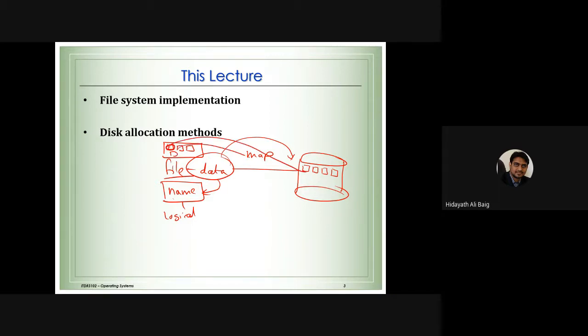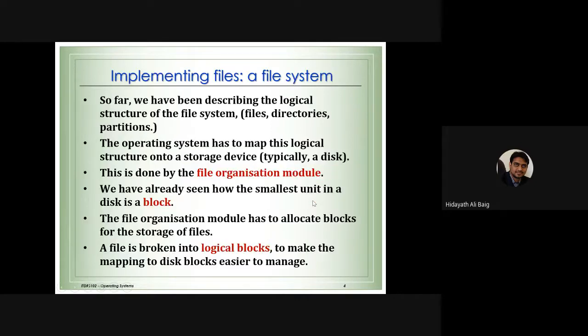To make this easy, the file organization module breaks the file into logical blocks to make the mapping to the disk blocks easier to manage. So each logical block will be put onto a physical block.